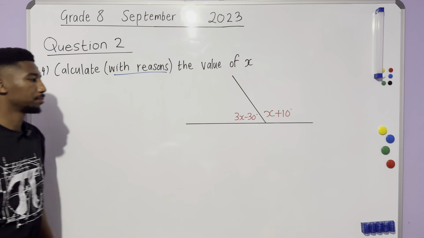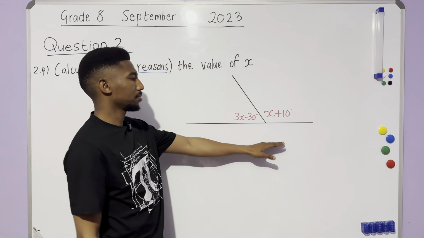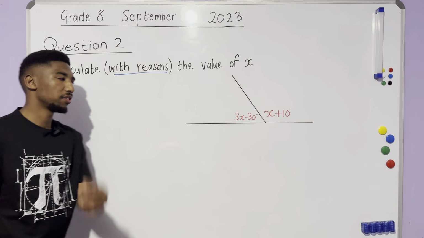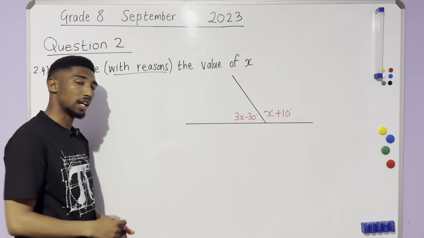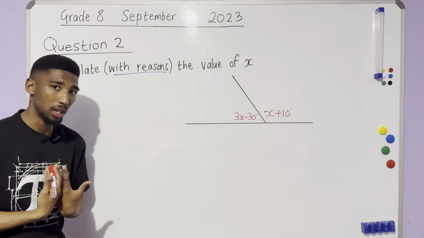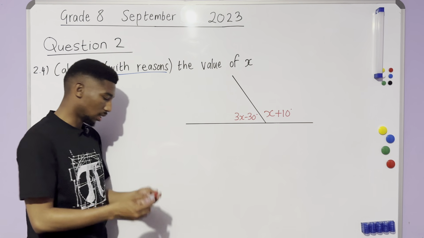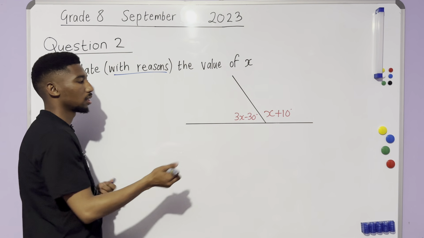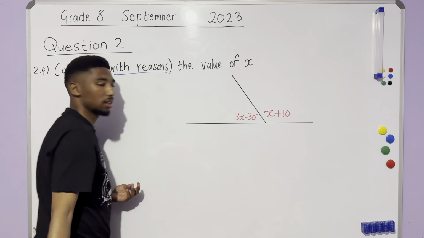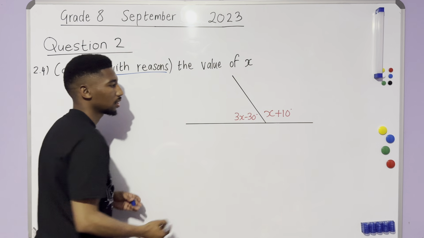In the next question, again, we have a straight line and it is split into two different angles. You apply the same principle, adding the angles in a straight line equals 180 degrees. However, in this case, it's a bit more complicated as we have more than one term, but it does not change anything.